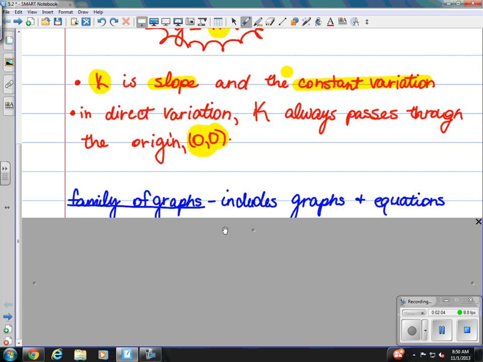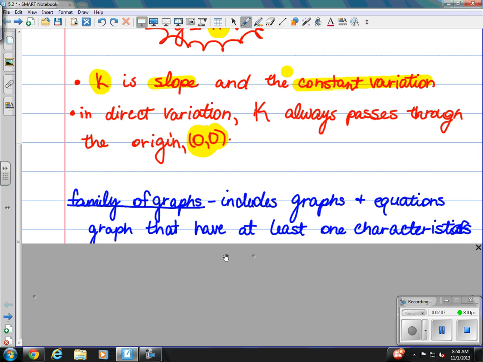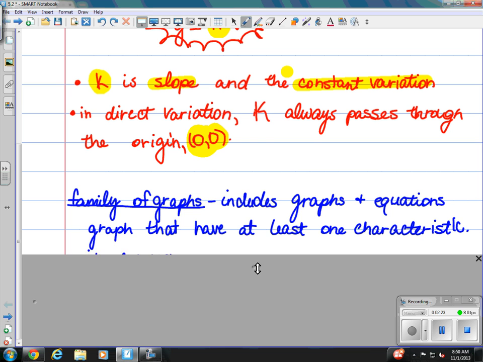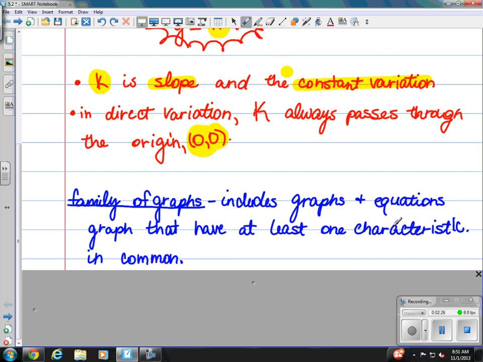Okay, and then we're going to look at what a family of graphs is. A family of graphs includes graphs and equations that have at least one characteristic in common. An example of a family of graphs would be our linear equations from our previous chapter.